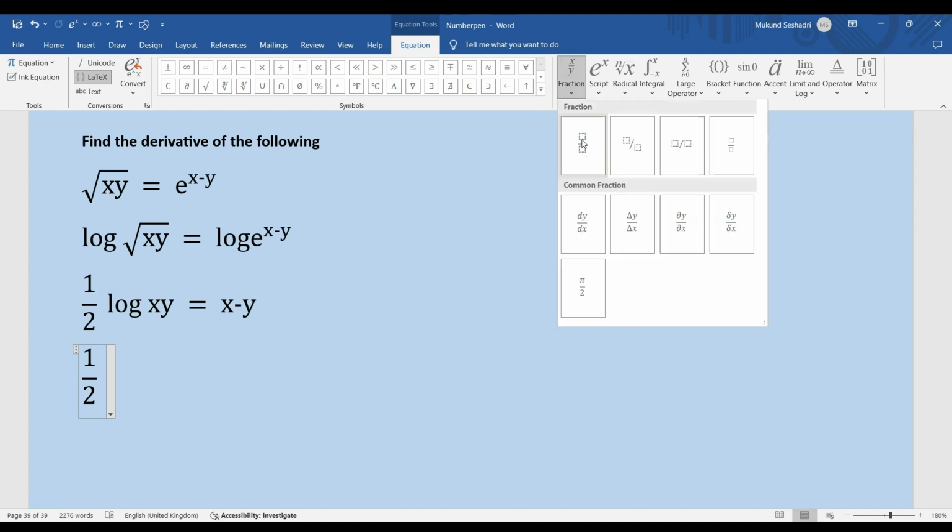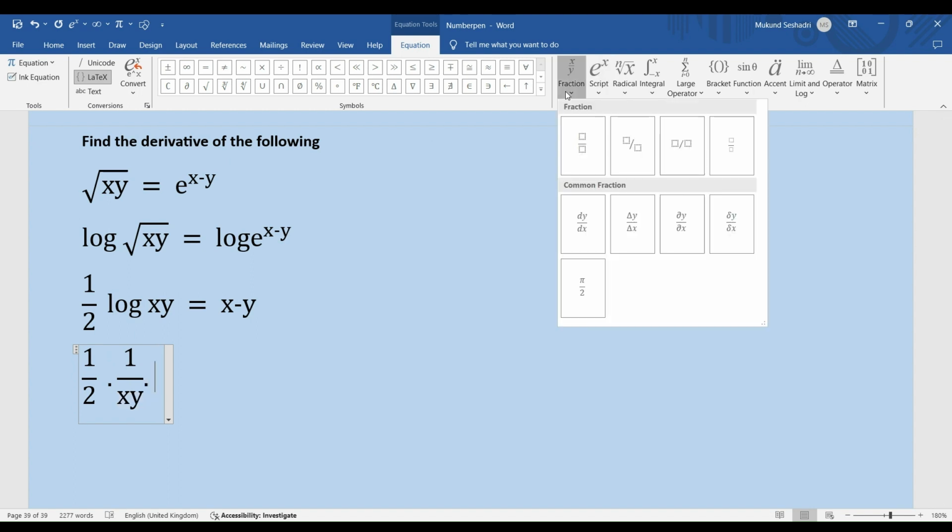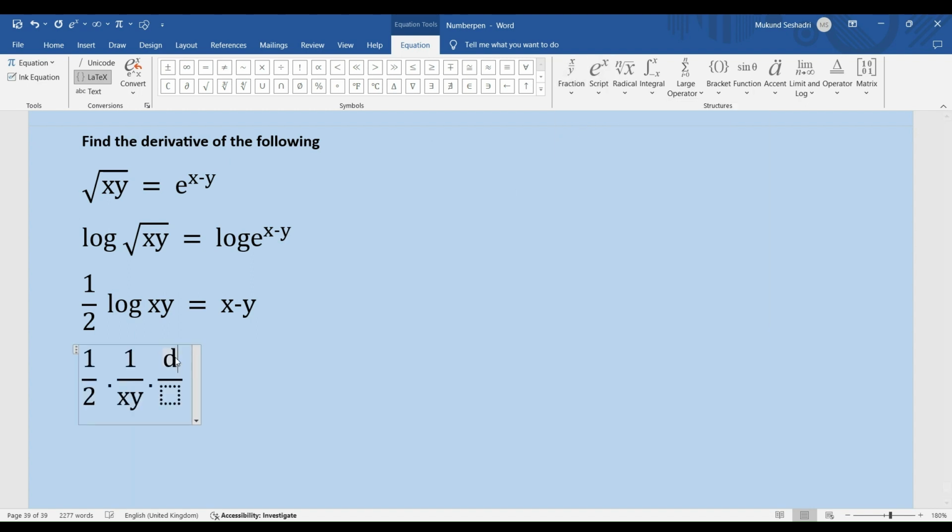So I differentiate the outer function with respect to the inner function. So what will I get? 1 divided by xy into, and then I do a d by dx of xy, right? When I do a d by dx of xy, what do I get? This is what I have.